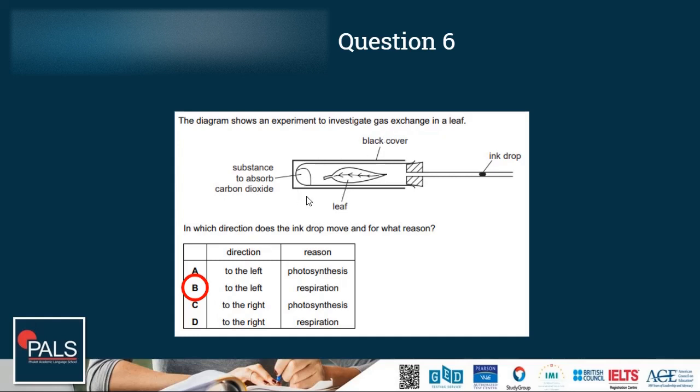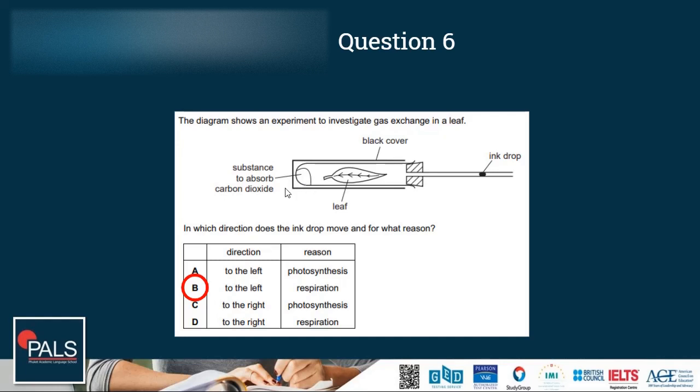Again, since we have a black cover, no photosynthesis is happening, but the cells in the leaf are still alive, so they will still conduct respiration, which means oxygen is removed from the air to help break down the glucose, and carbon dioxide is released into the air in the test tube. However, we have a substance that absorbs carbon dioxide and takes it immediately out of the air again.